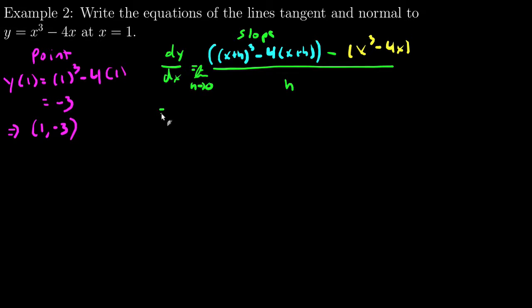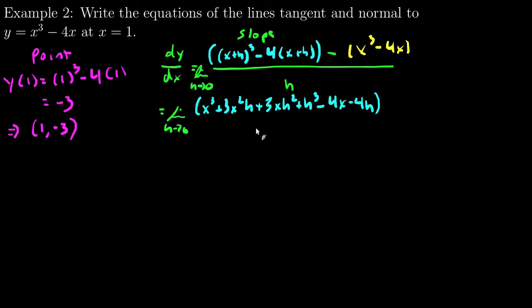So this will equal the limit as h approaches 0 of, using Pascal's triangle or binomial theorem or any of that stuff, when I expand this out, I get x cubed plus 3x squared h plus 3xh squared plus h cubed, and then distributing the negative 4, I get minus 4x minus 4h, all minus, bring down the x cubed minus 4x, all divided by h.